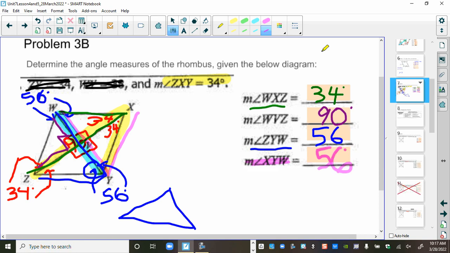All right, questions, anybody? So what I would do, anytime you get these types of problems, put all the angle measures in right away. Because once you put in all the angle measures, then when you get to this part of the question, you just follow the math. Start at W, boom, go to X, shoot down to Z. Look at the number between.